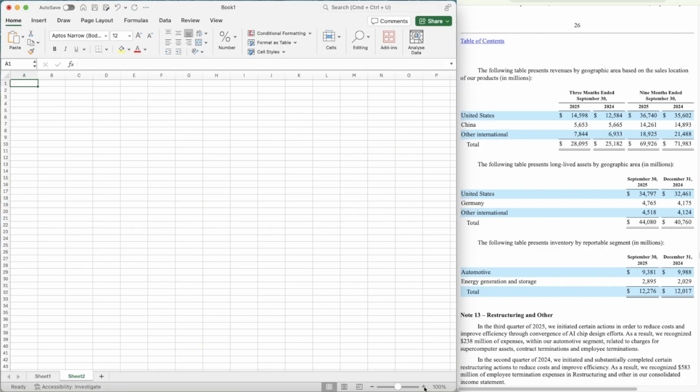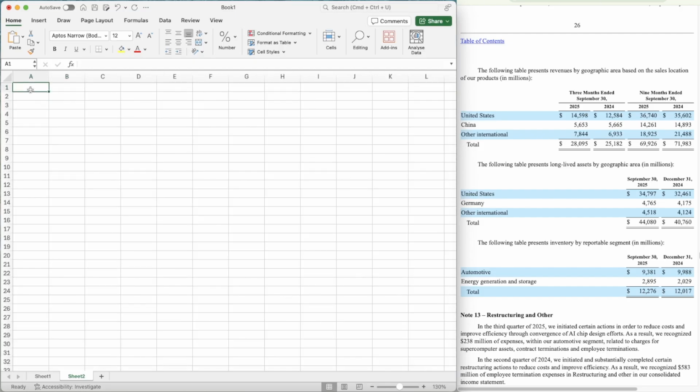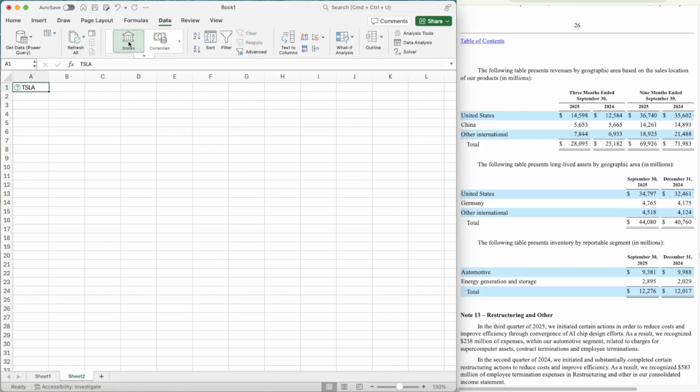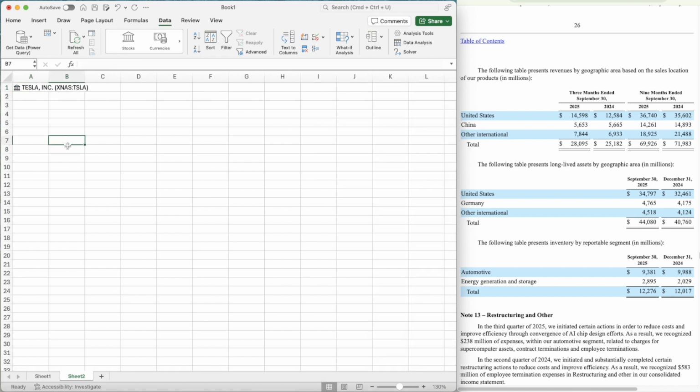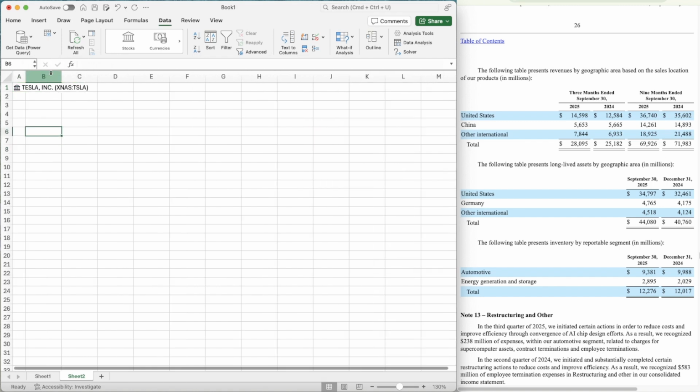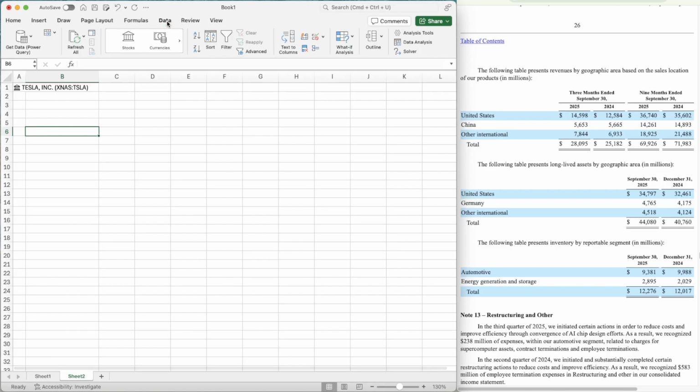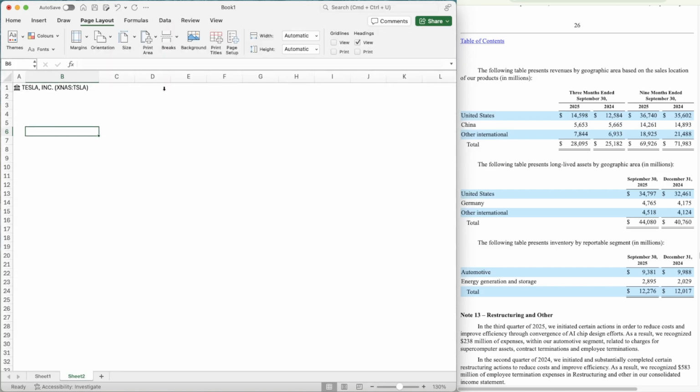Okay, so you've opened up your new sheet. Type TSLA in the top. We need the ticker because there's some data we can pull here. Make the A smaller, this bigger. Obviously, remove your grid lines.